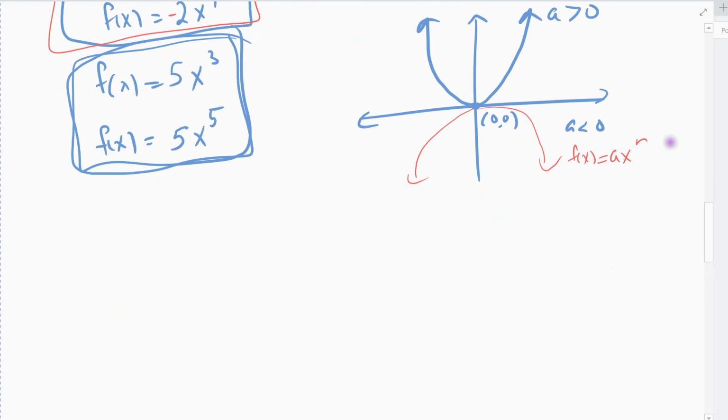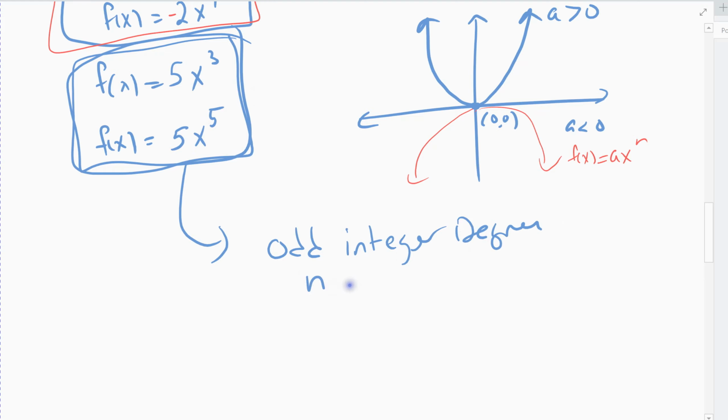If they are odd, so these cases where you have an odd integer degree, or power, those cases are 5x cubed, 5x to the 5th. So n is odd.